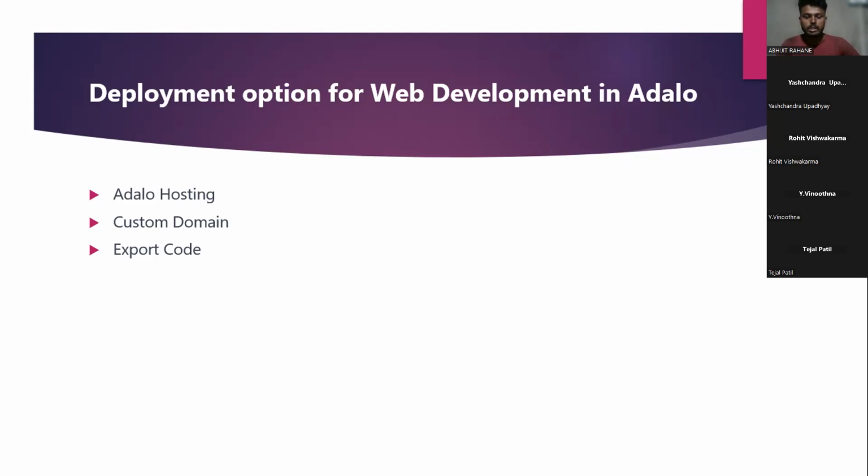We simply explain that we can also use HTML, CSS, JavaScript code, and it will provide these files, and you can upload them on your own host and deploy your application.